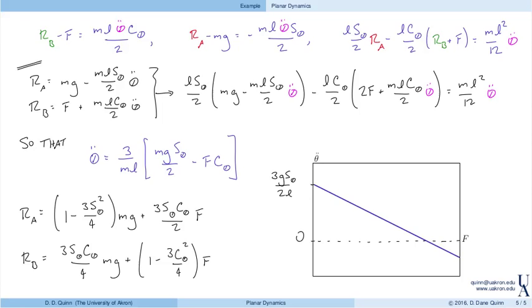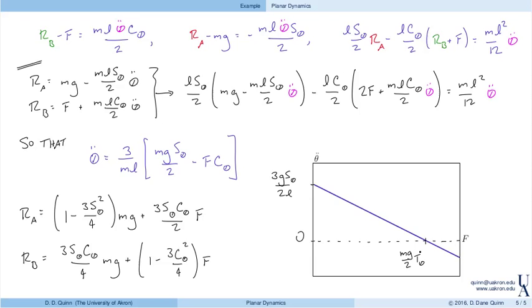But in particular, I want to note where this crosses 0. If we look at theta double dot and ask when does that equal 0, I can solve for F. And that happens at a value of F that's equal to mg over 2 times tangent of theta. So that's the value of the force that causes the angular acceleration to vanish.